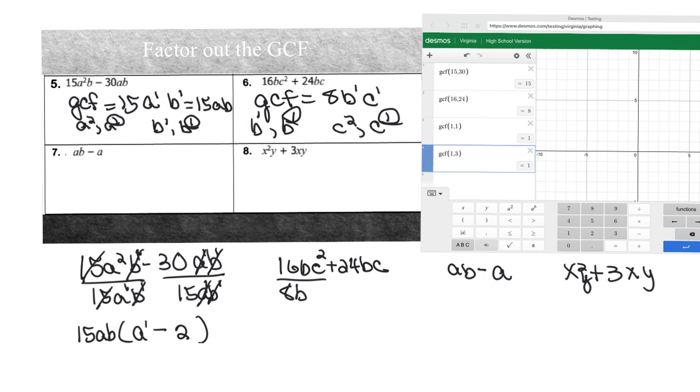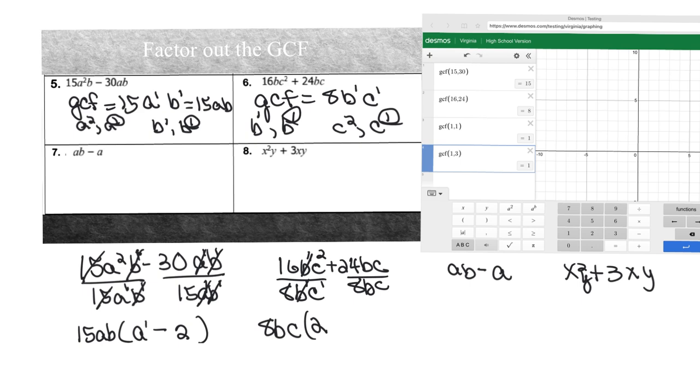I'm going to divide each term by 8bc. In my answer, the GCF goes in front of the parentheses, and then I divide. 16 divided by 8 is 2. The b's are the same. I have b to the first and b to the first. They are going to cancel. My c's, the largest degree of c is on top, and I know to subtract.